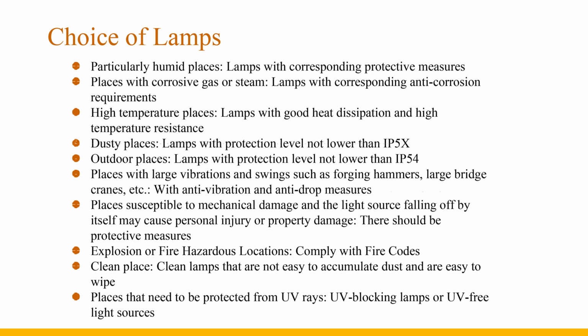Ninth, for places with cleanliness requirements, clean lamps that are not easy to accumulate dust and easy to wipe should be used. Tenth, for places that need to be protected from ultraviolet radiation, UV blocking lamps or non-ultraviolet light sources should be used. Ballast for gas discharge lamps must also comply with relevant regulations.